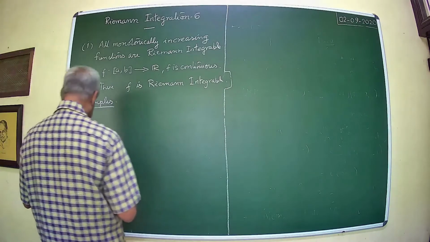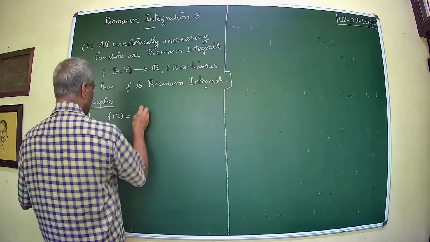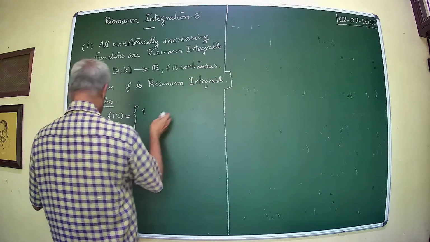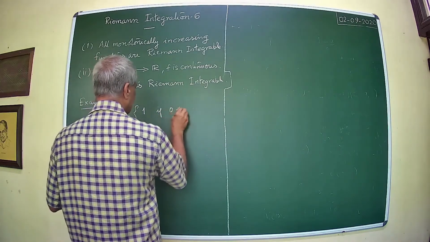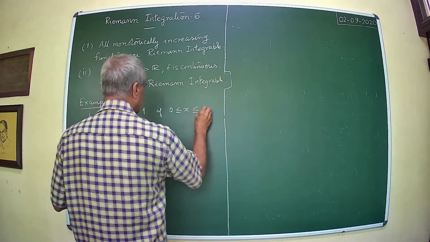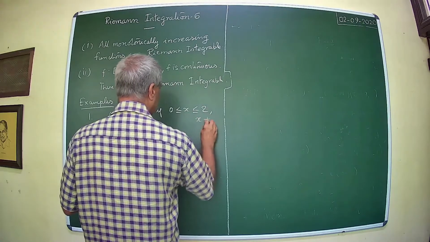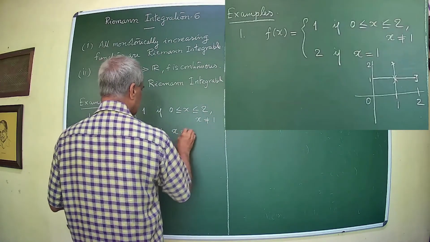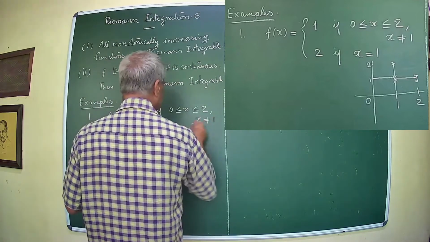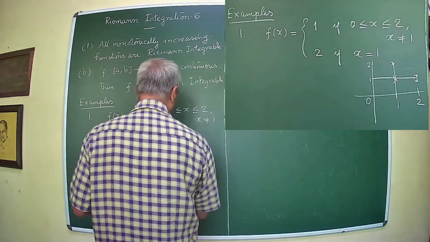The first example is we take f(x) to be equal to 1 for x not equal to 1, and 2 at x equal to 1. So we have defined the function in the following way.